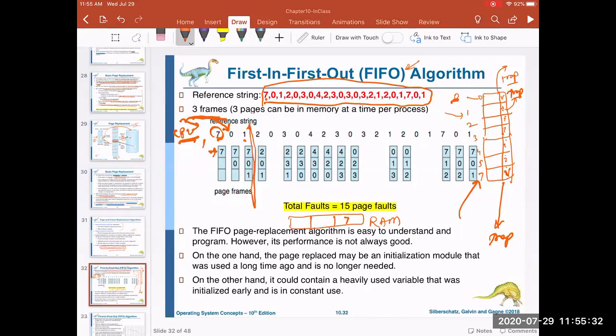So till here, there are 3 page faults. How? 7 was not in the main memory, so there was a trap. So whenever there is a trap, we say it is a page fault. Then the second trap is for page number 0, and the third trap is for page number 1. Am I clear on it? So till here we have 3 page faults.